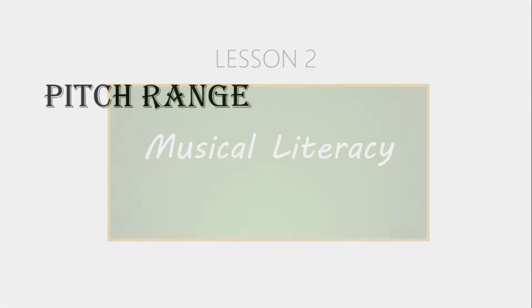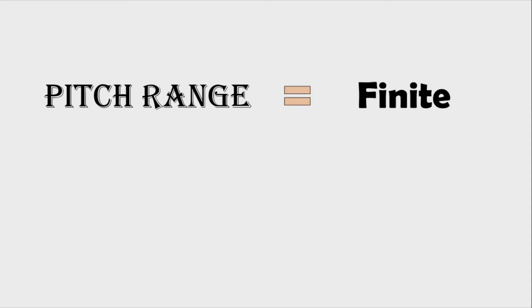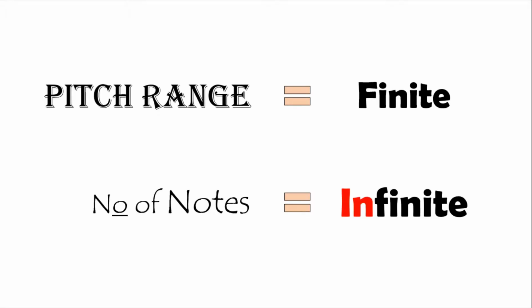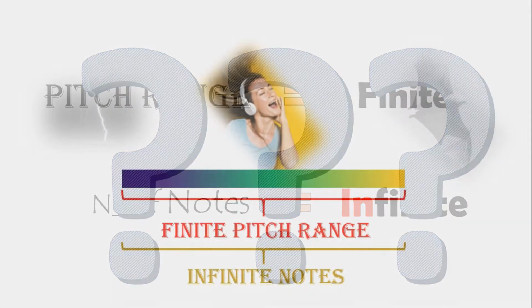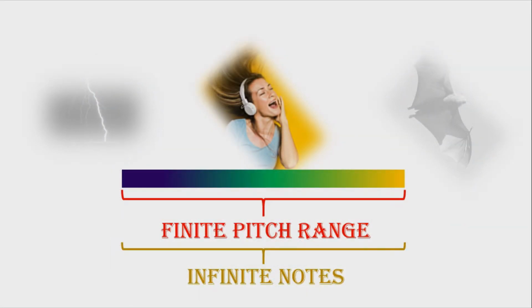Though the range of pitch we use in music is finite, the number of notes you could extract from any finite pitch range is infinite. Wait, what? Yes, a finite range of pitch contains an infinite number of notes.